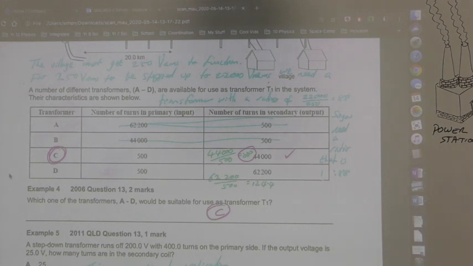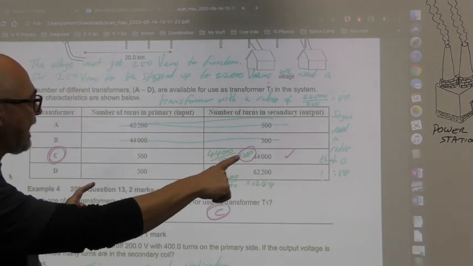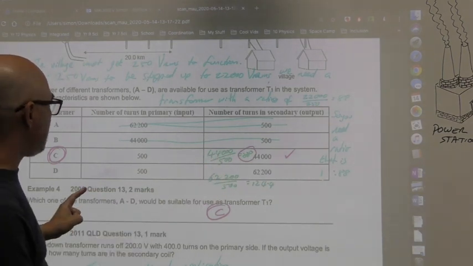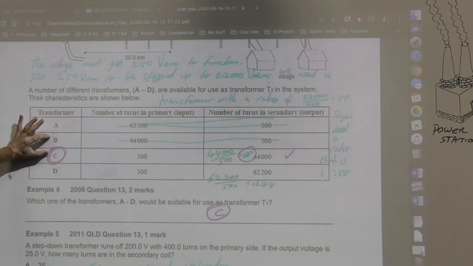Okay, so here you've got to find one of these ratios that is 1 to 88. Let's see, they gave you B and C. So either you realise, oh yeah, it's just a ratio question, but not sure what step up and step down means, and that is why they've given you both of these to see if you know the difference.